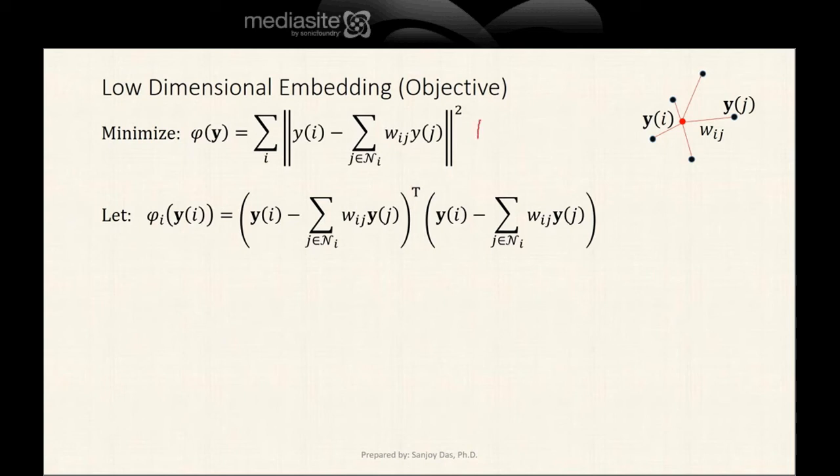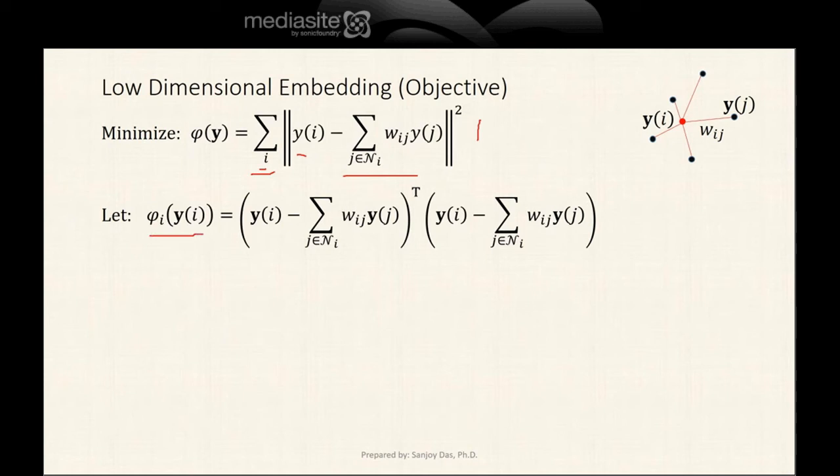The objective function is to minimize this summation: the summation over all sample points of yi minus summation wij yj. Since we have n terms, one term in this summation per sample point, let's call that term phi of yi.